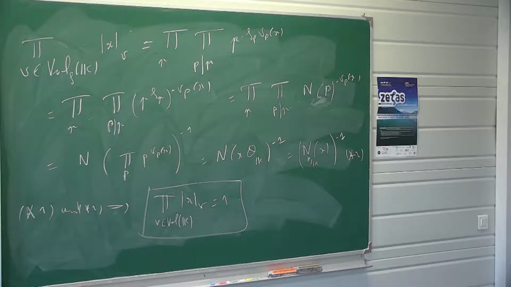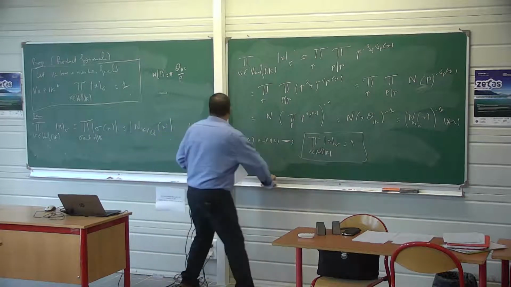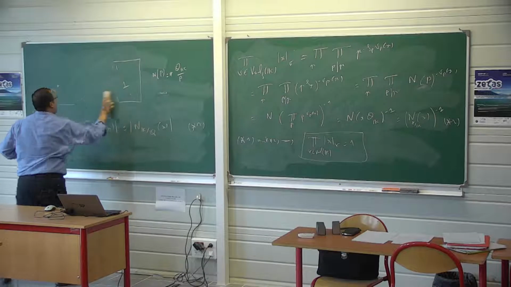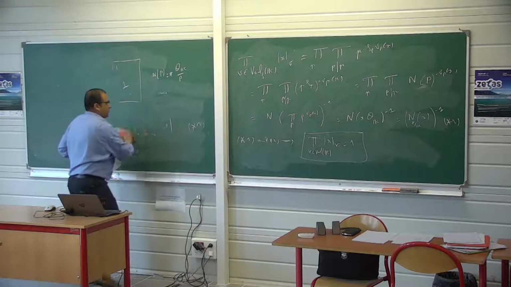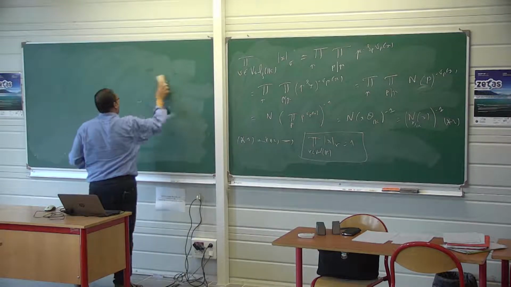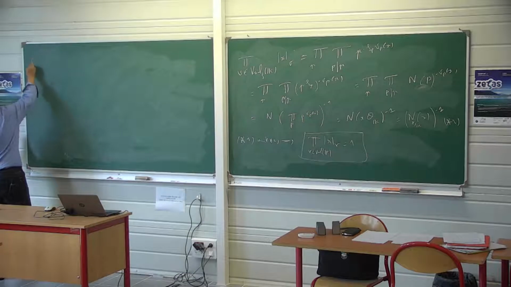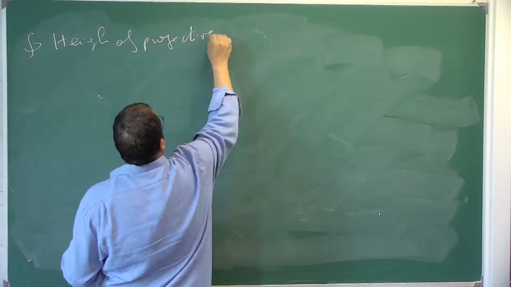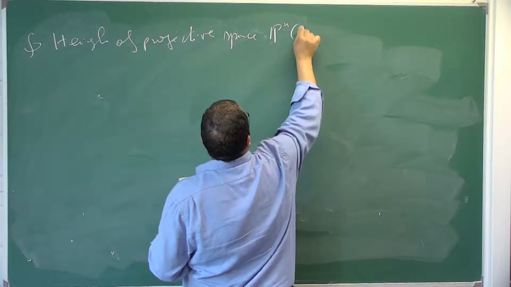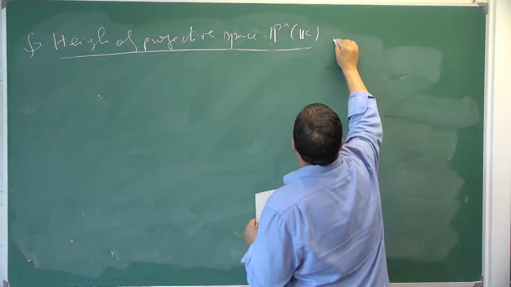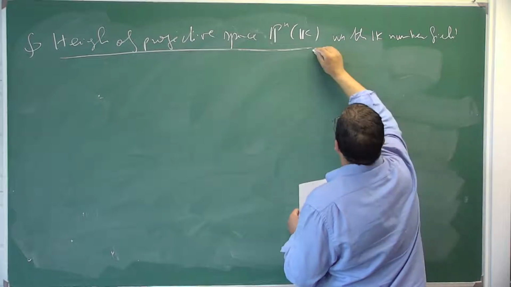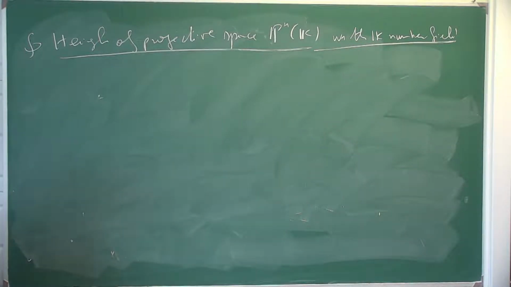Okay, so now we are ready to define the height on projective space P^n over Q, with K a number field.